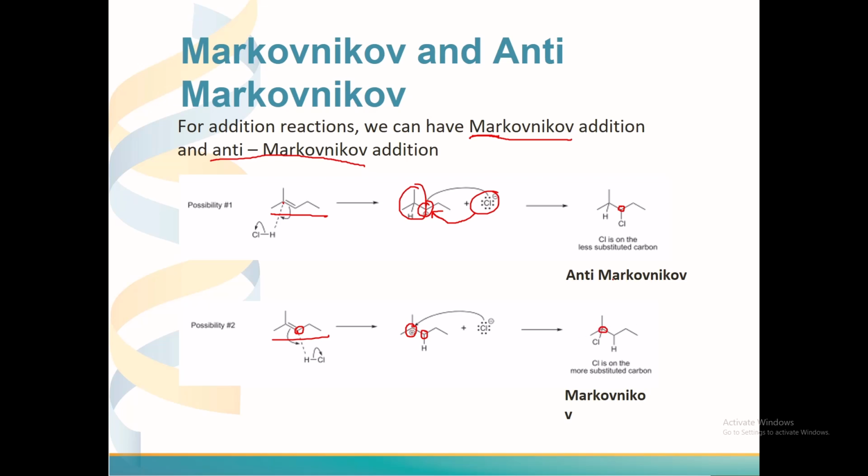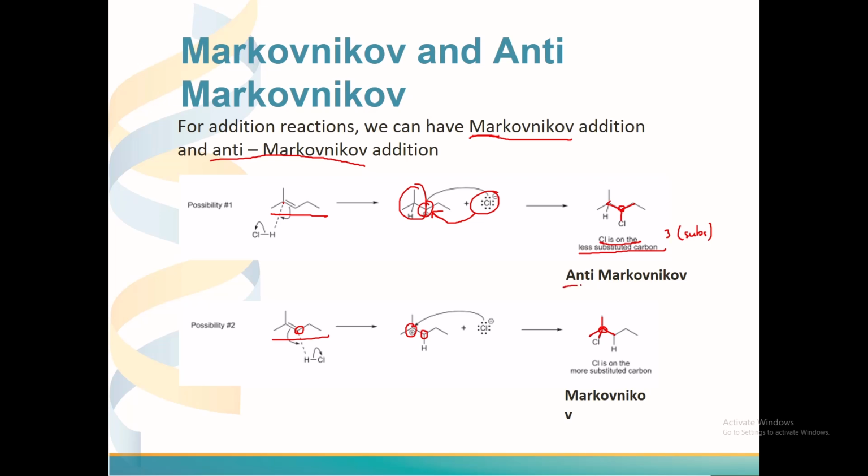Okay, as you can see here, this carbon has 1, 2, and now 3 with the chlorine. While this carbon here now has 1, 2, 3, and 4 substitutions with the chlorine. That means in possibility number 1, the chlorine is on the less substituted carbon because it only has 3 now with the chlorine, 3 subs.